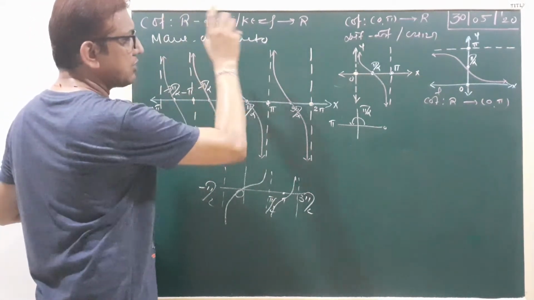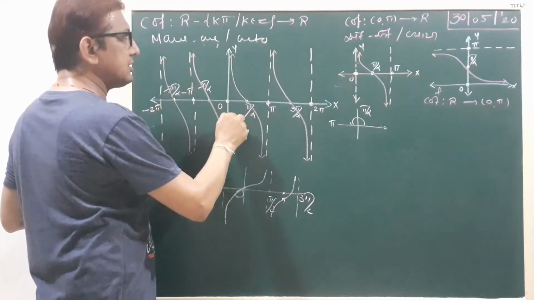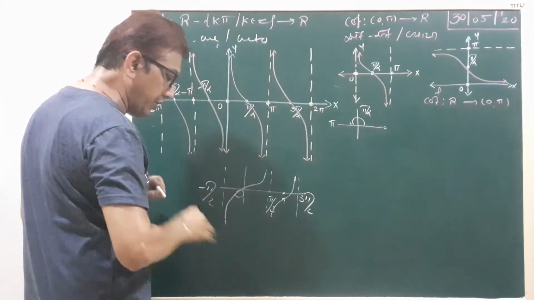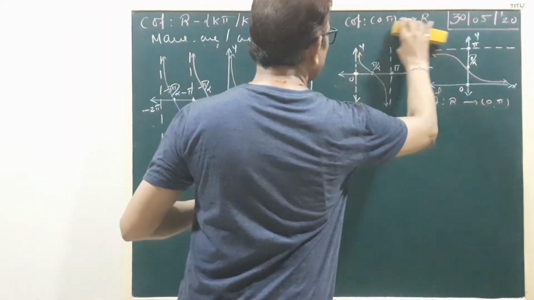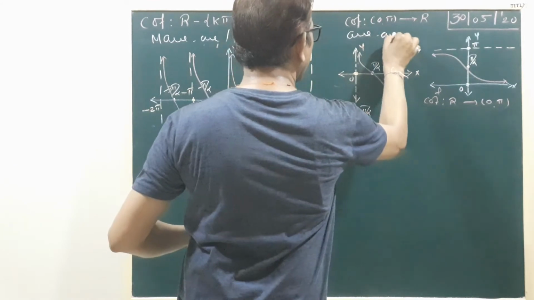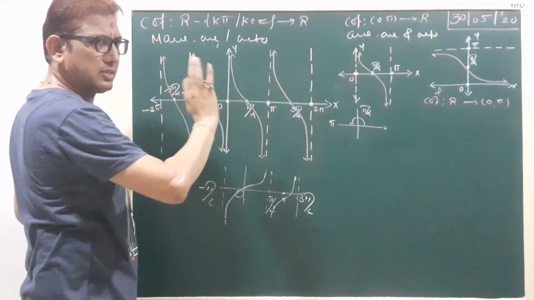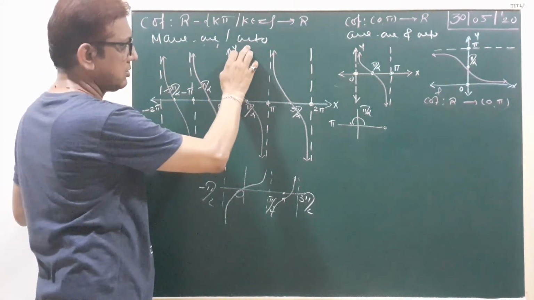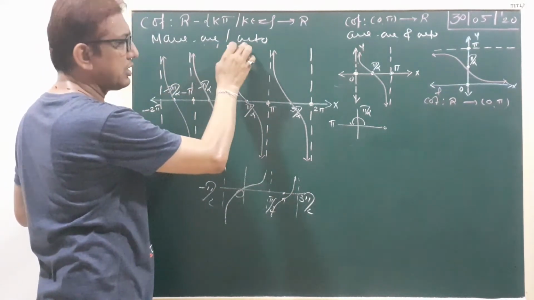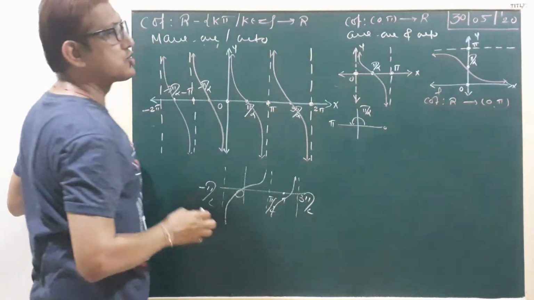But if we find the inverse function of cot, then the function must be 1 1 and onto. This function cot is already onto, but many one has to be converted to a 1 1 function.